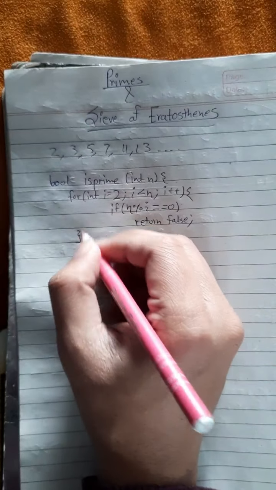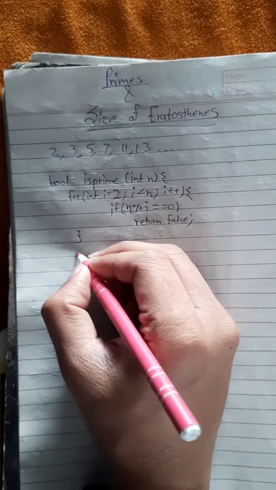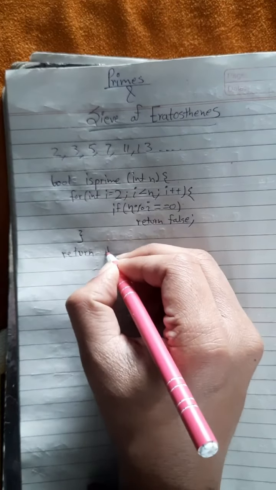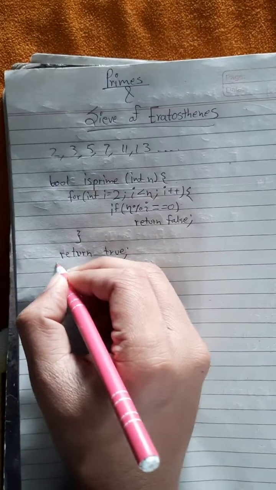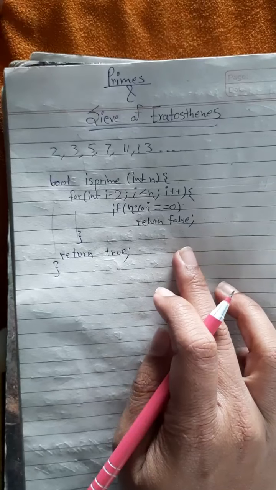After the for loop, that means it was not divided by any number, so we return true. So this is the function that tells if the number is prime or not.